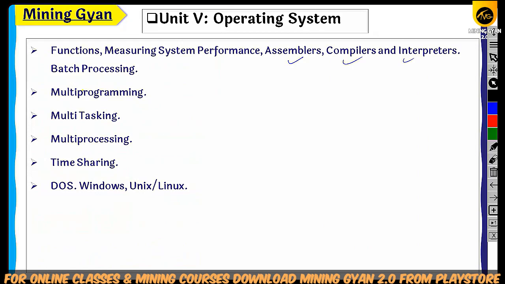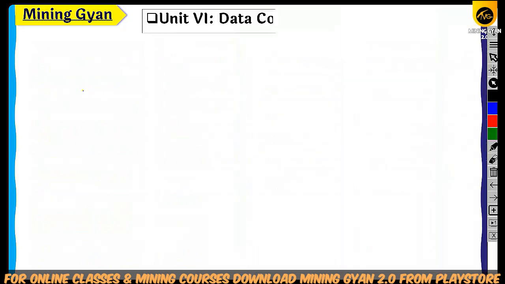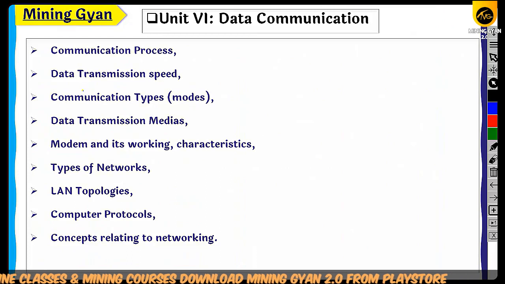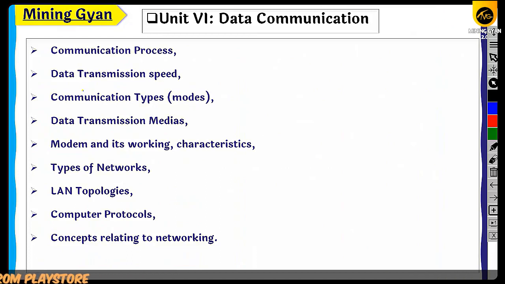So we can directly jump into unit number 6, data communication, which is based on networking and types of networks like LAN, WAN, MAN. There are 3 remaining units, 6, 7, and 8, so maybe next week the syllabus will be completed.